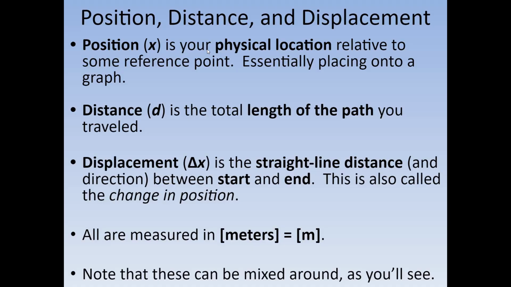You're going to see a lot of cases where distance and displacement can be the same thing. There's very few cases where you actually have to be very careful about whether you're dealing with distance or displacement. But they all kind of refer to the same thing. Like I said, position is your physical location, and displacement is moving between two different positions.